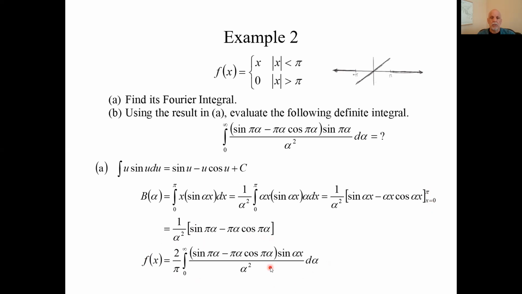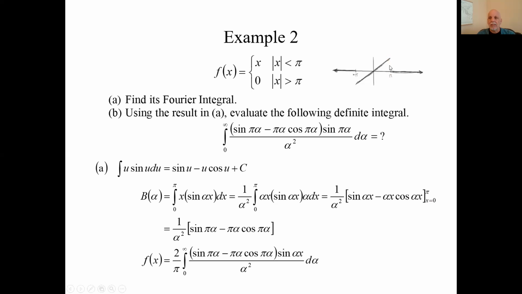Now this integral looks a lot like that. Let's see. Up here we have pi alpha, and here we have alpha x. So we want to make our x equal pi. Here's the catch. That's right at this discontinuity.